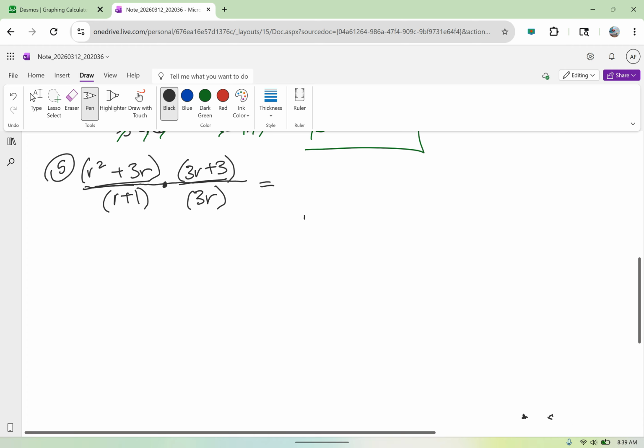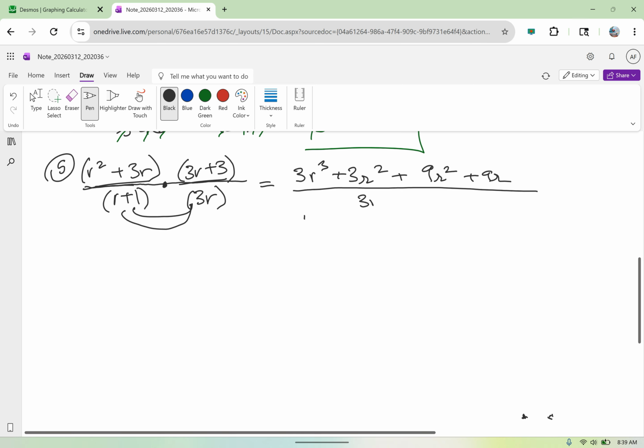All right, well, anyway, r squared times 3r is 3r cubed. Outer, r squared times 3. I'm just doing FOIL on this top. And then here I have a binomial times a monomial. You're going to distribute the 3r by multiplication to each term.